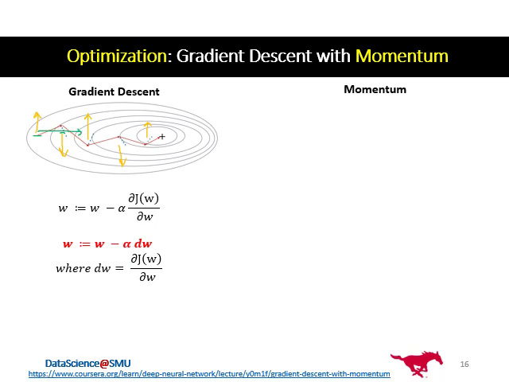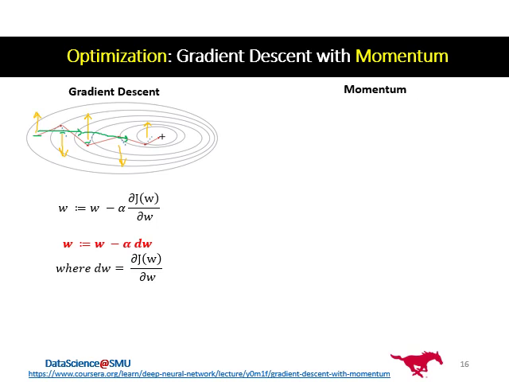Similarly, if I were to take the second and the third gradient and average that out, I would again be left with a gradient which is again pointing more in the direction of the global minima. And by doing this repeatedly, I can actually reach the global minima much faster because the gradient is now pointing more in the direction of the global minima. And this is the exact idea behind momentum.